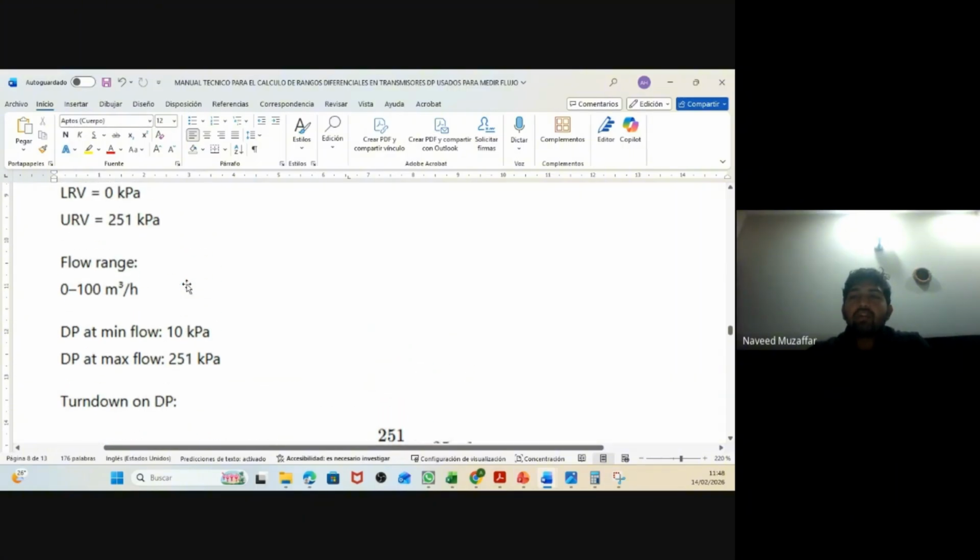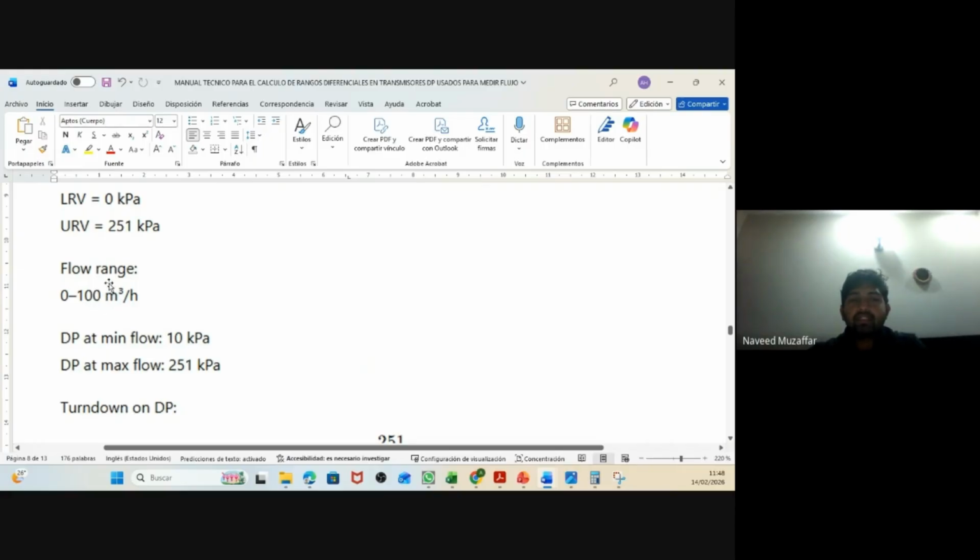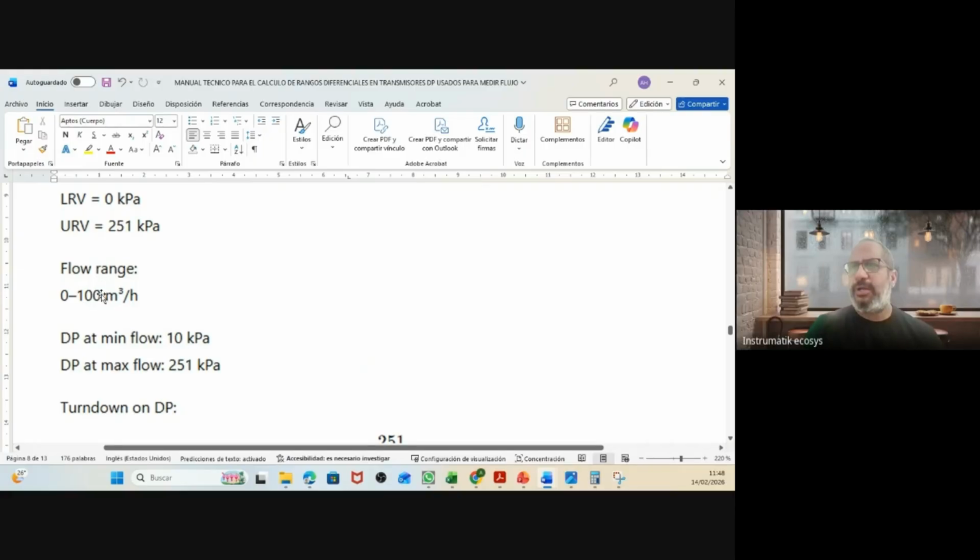We can also calculate turn down for this point. Here you do not use turn down ratio because normally flow can go from 0 to a positive value.